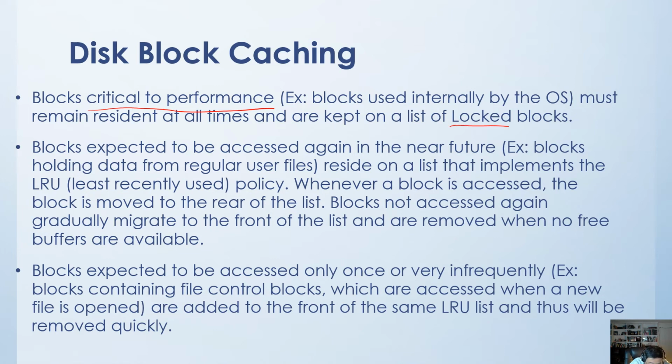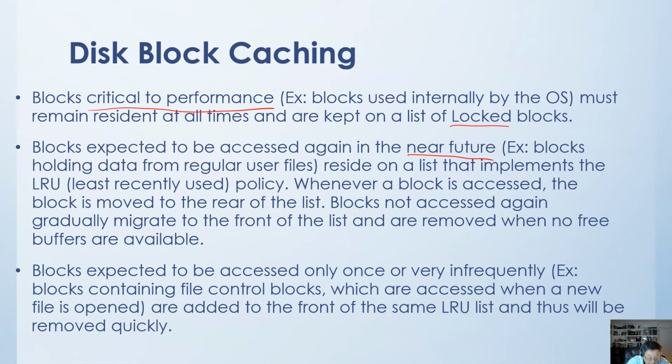Blocks expected to be accessed again in the near future reside in a list that implements the least recently used policy. Whenever a block is accessed, the block is moved to the rear of the list, and blocks not accessed again gradually migrate to the front of the list and are removed when free buffers are needed.